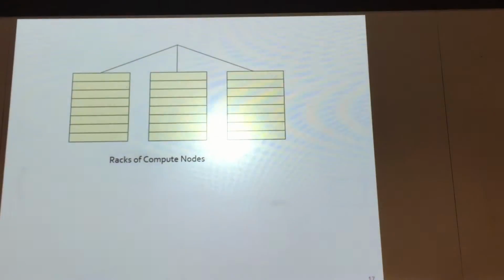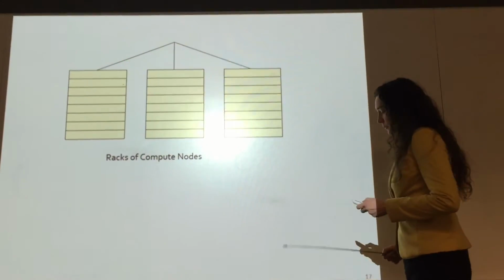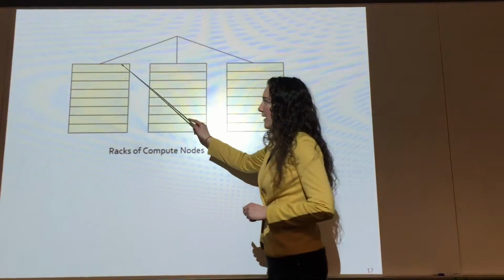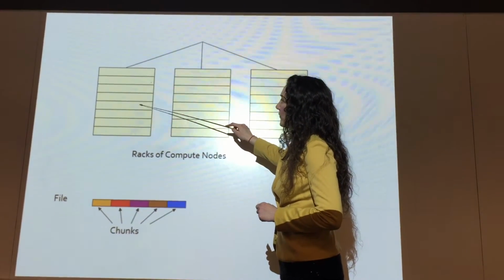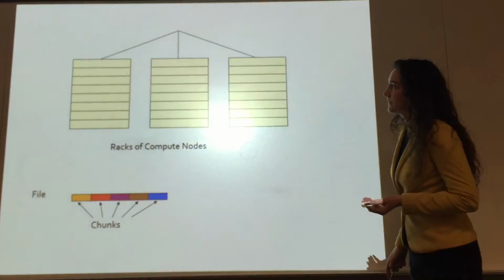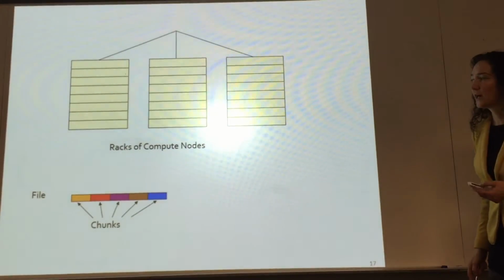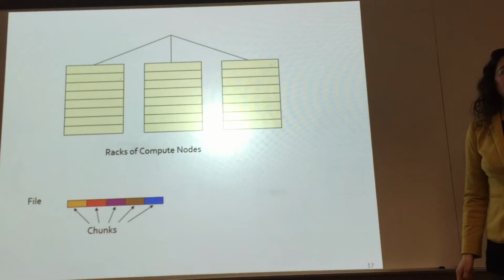What it looks like. These are racks of computer nodes. So this is one rack. It has 1, 2, 3, 4, 5, 6, 7, 8 nodes. Oh, there are 8 computers in that rack. And let's say we have some huge data file.